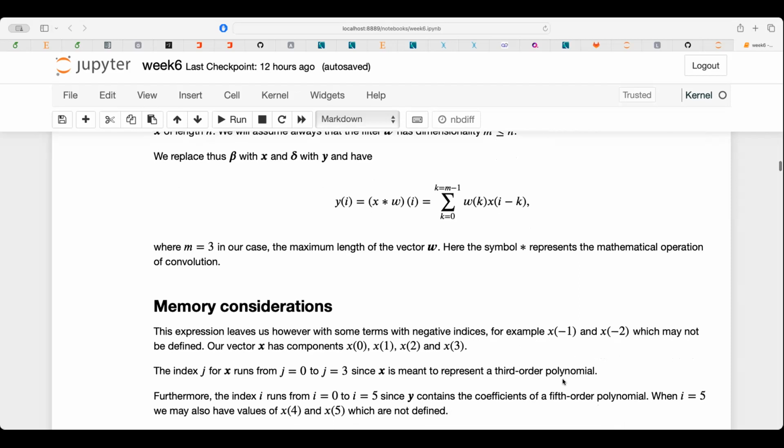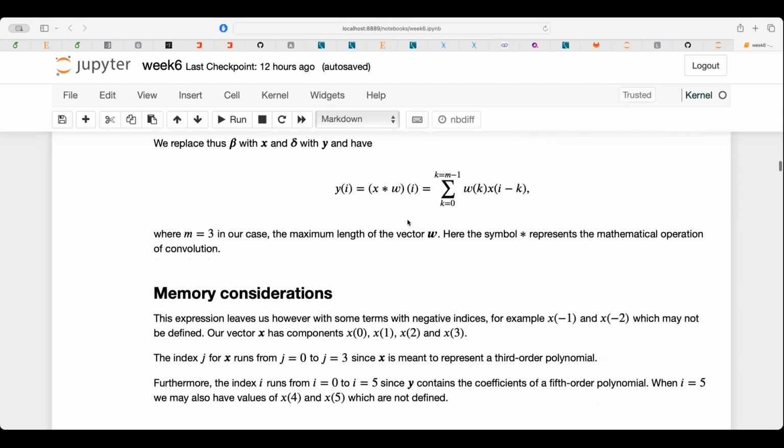The other thing is that you can actually rewrite this equation by introducing the concept of padding. So let's see how we can do that. When I do these calculations, you may have to access elements which would not be defined if you have a vector where you run from j equals 0 up to 3 for these x's and 2 for the w's.